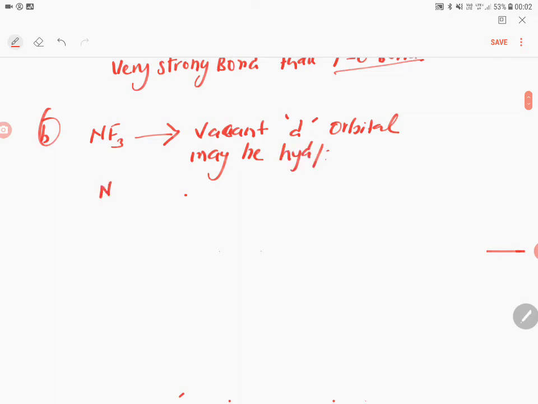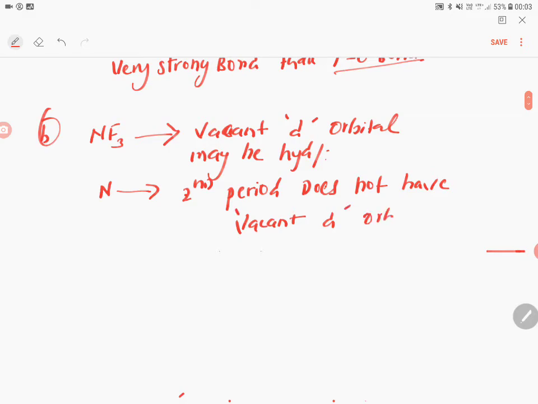Therefore, nitrogen is an element present in the second period, which does not have a vacant d orbital. Therefore, this can also be the option.